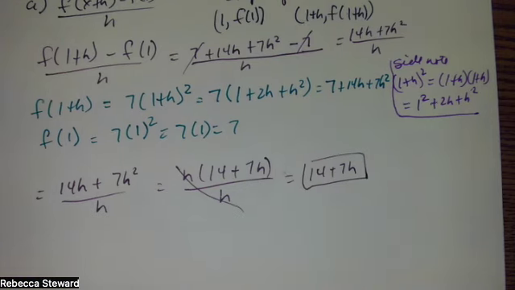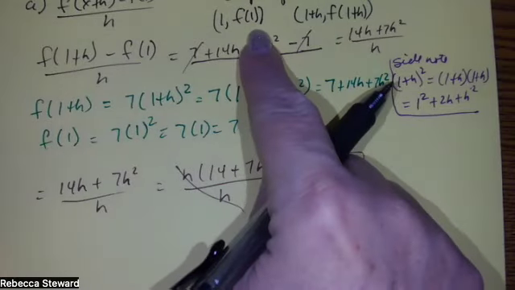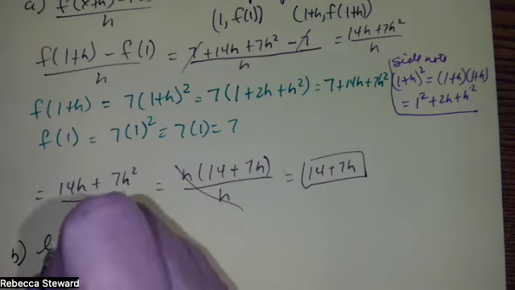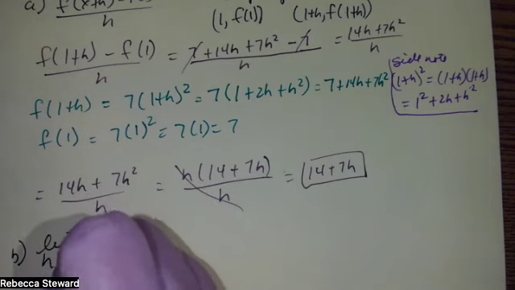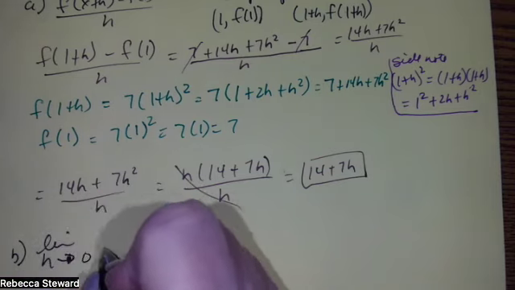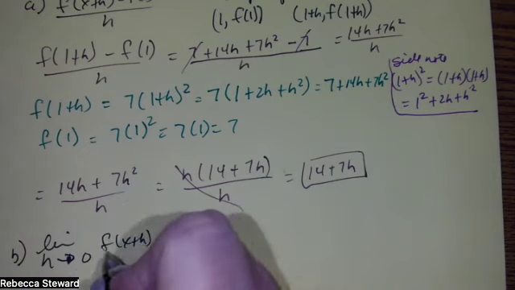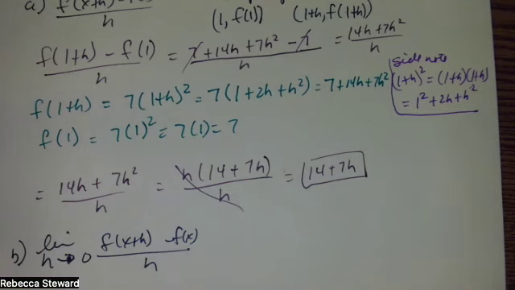Now, part B. That was finding the slope of a secant line. We want to find the slope of the graph at our point right here. So for B, we're looking at the limit as h approaches 0 of our f of x plus h minus our f of x, all over h.